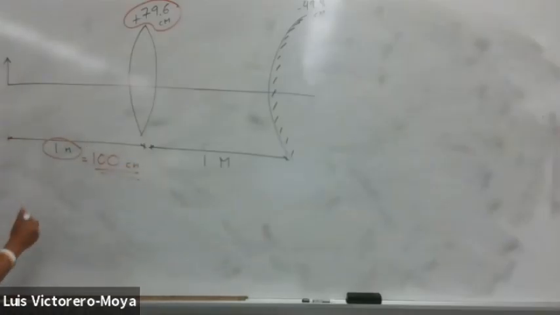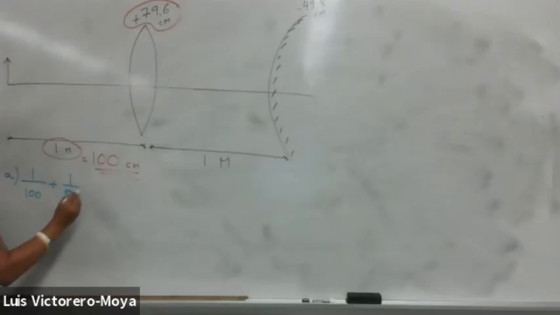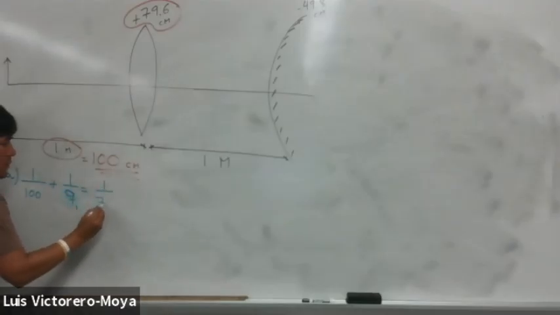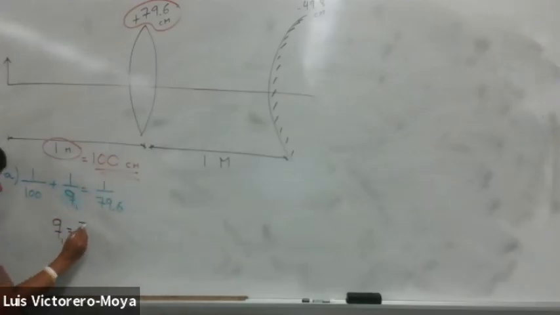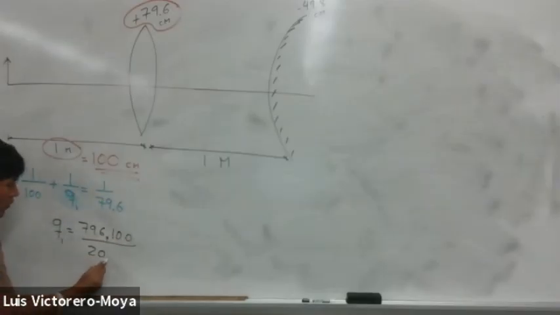So let's do the math first. So 1 over 100 plus 1 over Q1 equals 1 over 79.6. So Q1 will be 79.6 times 100 over 20.4.